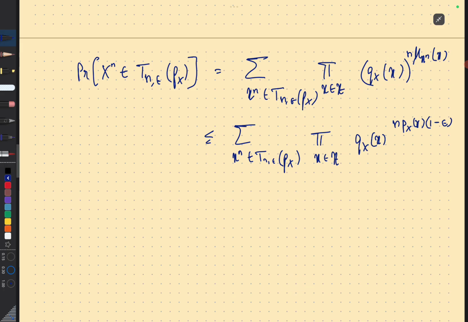Because, I should really write this as 1 over qx raised to n times mu x, because qx is something which is less than 1. So since qx is less than 1, if the exponent is larger, the quantity is smaller.